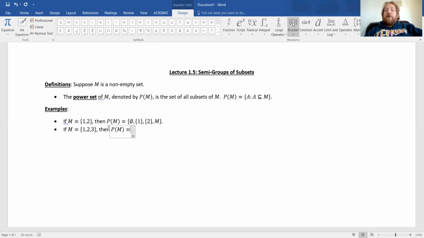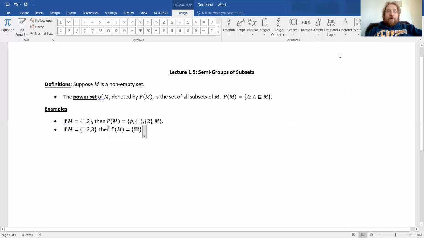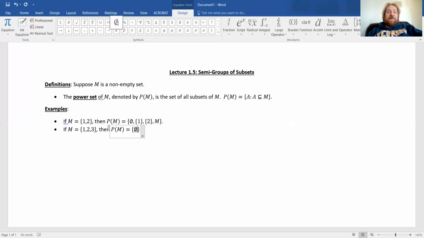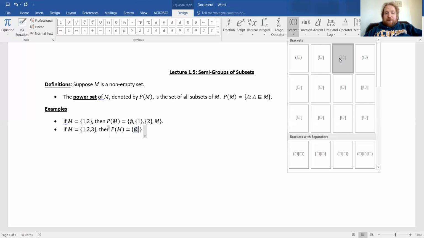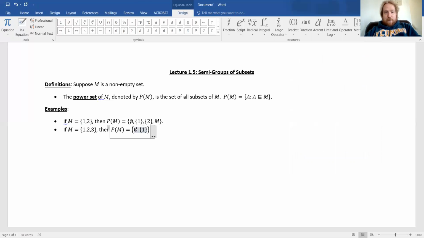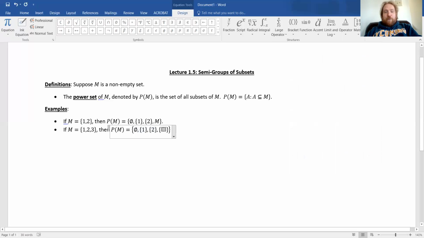Now I'm going to list them carefully to make sure I get them all. First of all, we'll look at the subsets that have 0 elements. That's just the null set. Now we'll look at the subsets that each have 1 element. Those are the sets containing 1, 2, and 3.